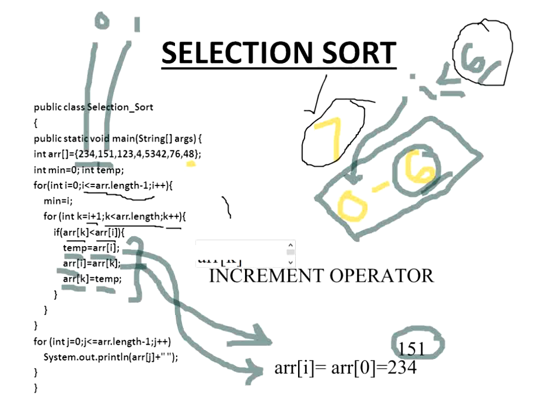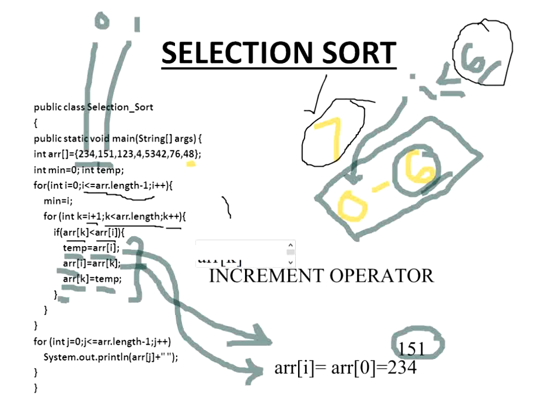Then ARR[k] will be placed in ARR[i]. That means in ARR[i], we have the value of ARR[k], and then the value of temp will be placed in ARR[k]. That means a swap operation is being done. So after this loop, the value of k will be incremented by 1.